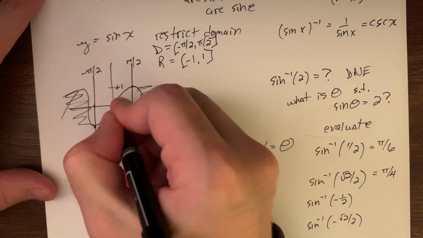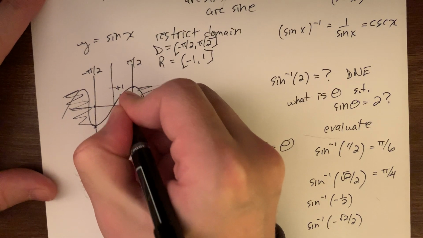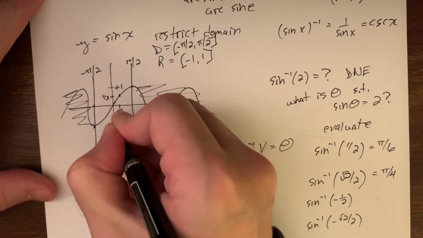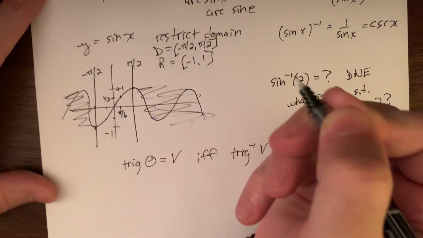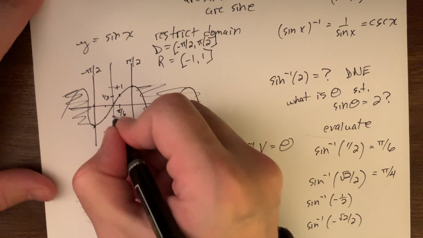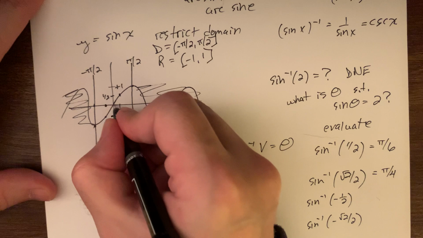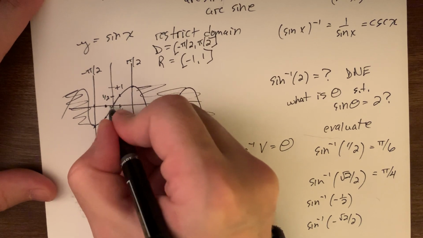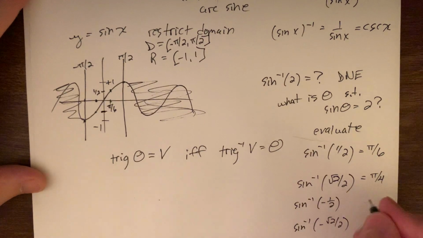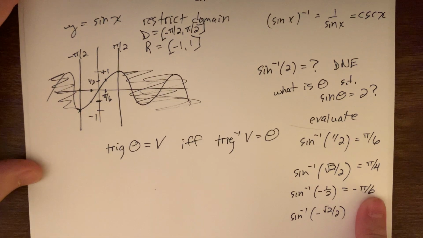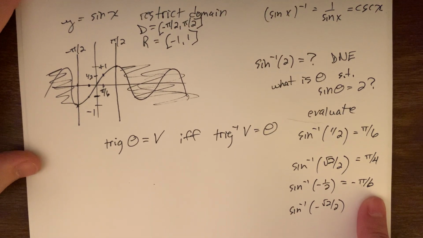And look, over here, a value of 1/2 went with an angle of pi over 6. Look on the opposite side. All the symmetry here, negative 1/2 would go with this x, and this x is just as far away from the origin, but in the other direction. This answer would be negative pi over 6.